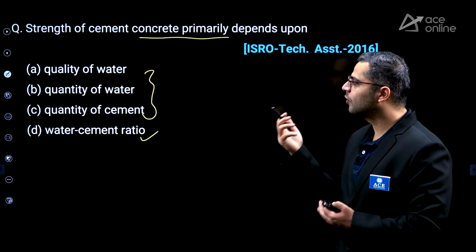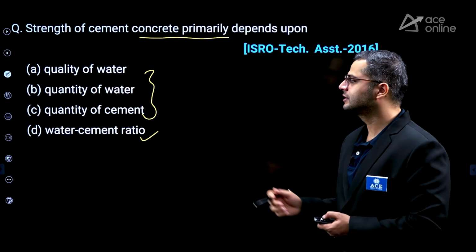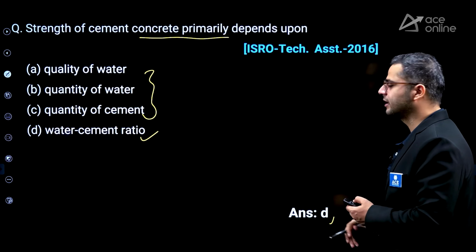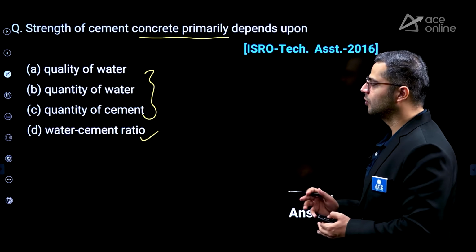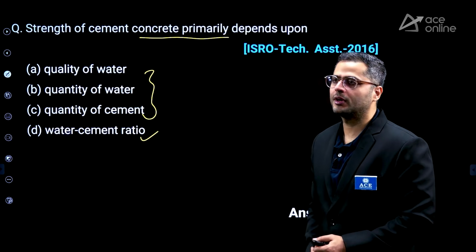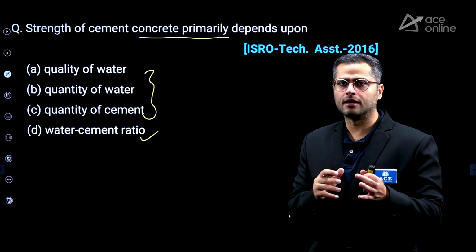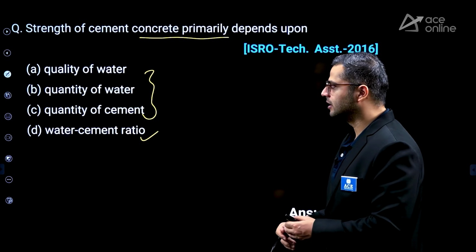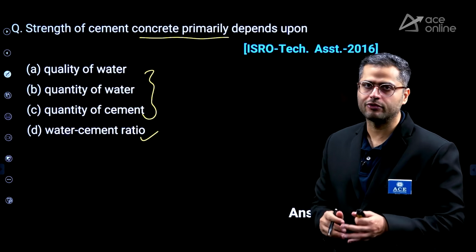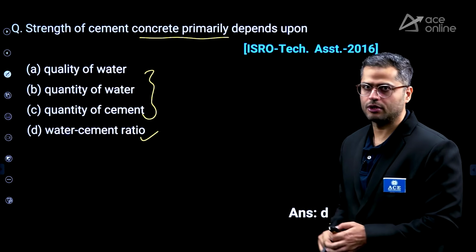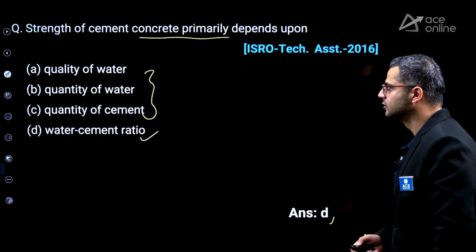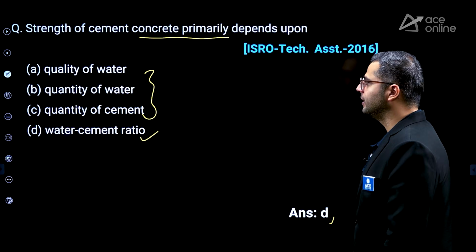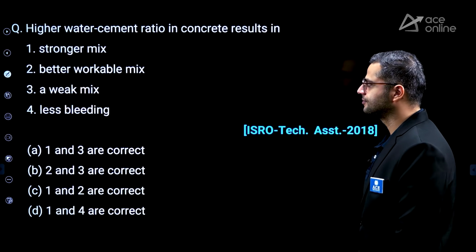But over here, the most significant answer would be water cement ratio, right? So in this option, you are covering the effects of water as well as cement, mostly on the basis of quantity, in this one option only, right? Option D. So over here, option D will be the correct consideration.